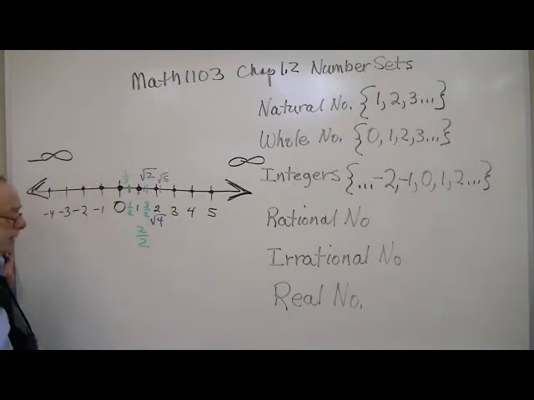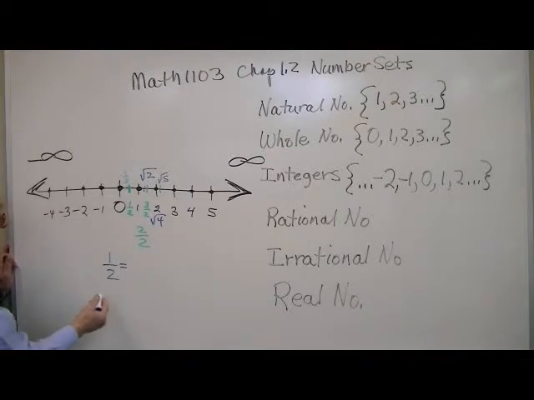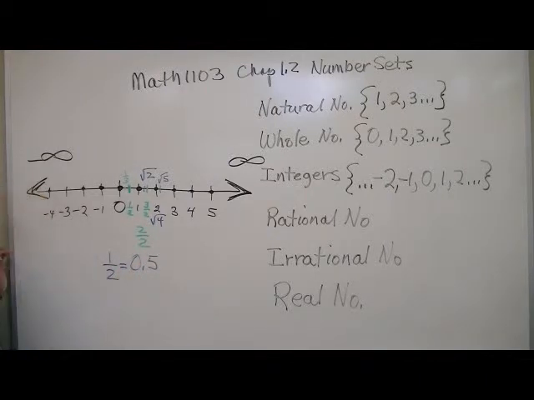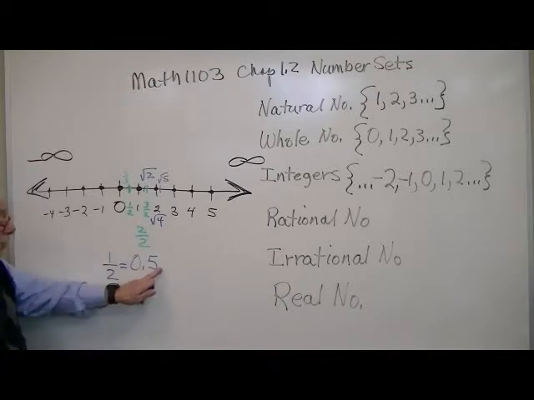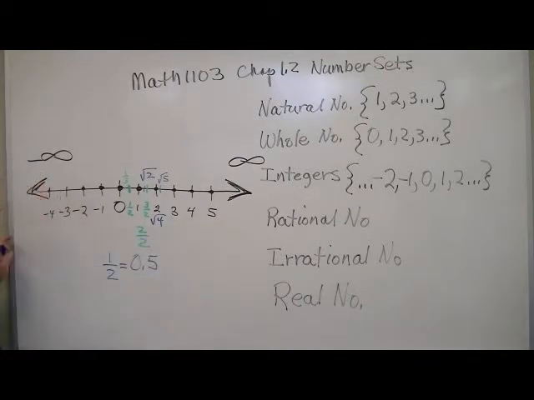And why is that? The one I often use is if you take the fraction 1/2, convert it to a decimal, it becomes 0.5. Now 0.5 is the decimal form of 1/2, and it terminates right there. So we consider that a rational number.